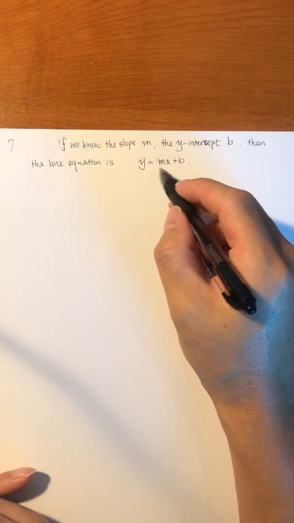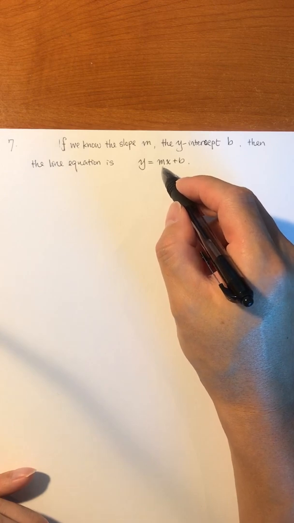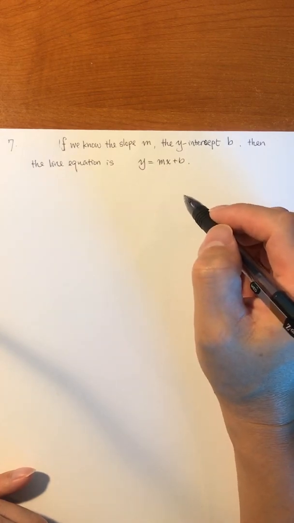So the line equation is determined by the slope m and the y-intercept.